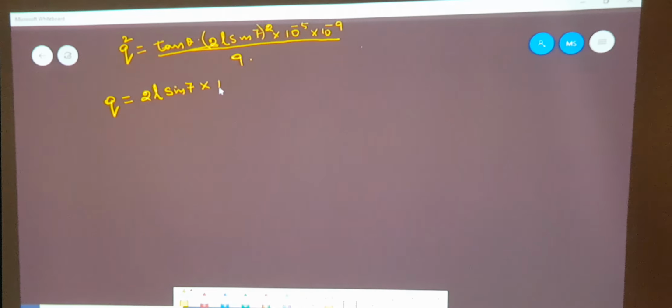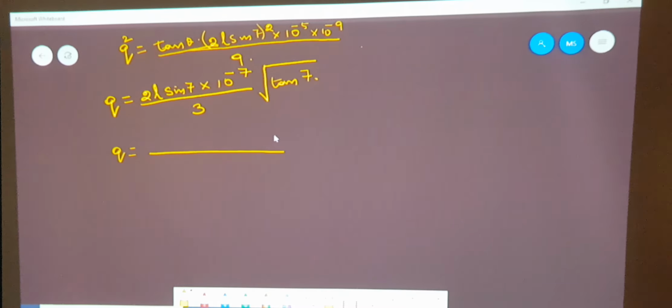On taking the root, you will be getting 10 to the power of minus 7, whole divided by 9. For 9, you consider the root, it is 3, into root of tan theta. You can write it out as tan 7. You simplify and get the answer. That is the homework for you.